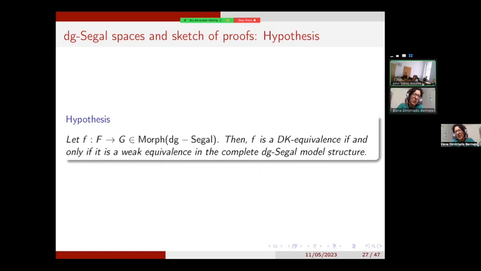And now is where linearity comes back to bite us. What we want is to say that F is a DK equivalence if and only if it is a weak equivalence for the complete DG Segal model structure. And this is quite hard. So for now, it's a hypothesis. I will come back to this later, but for now, we're going to just assume this is true.